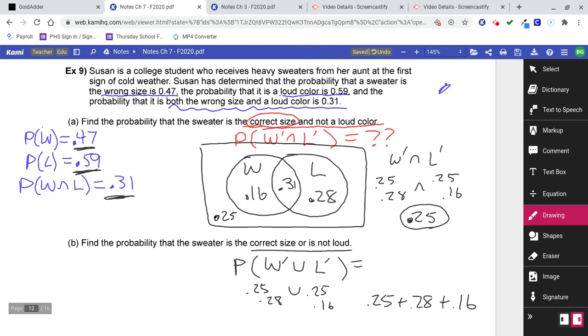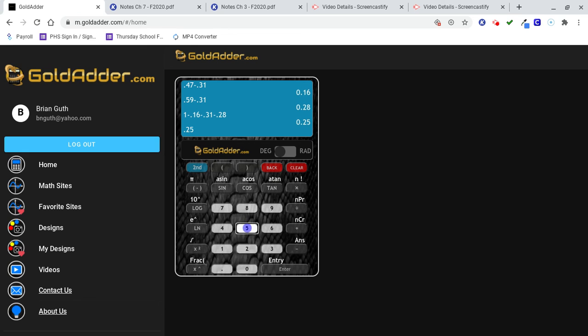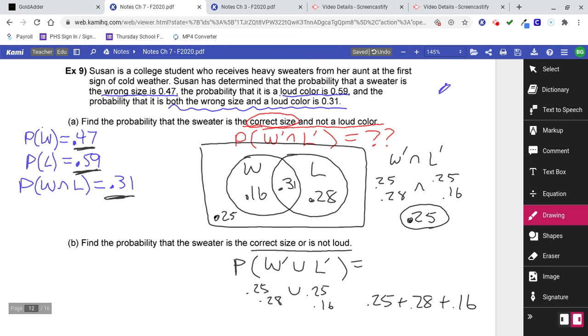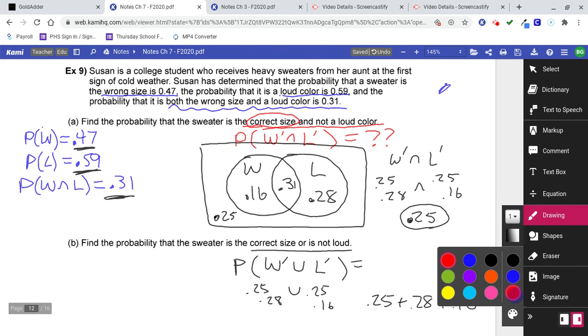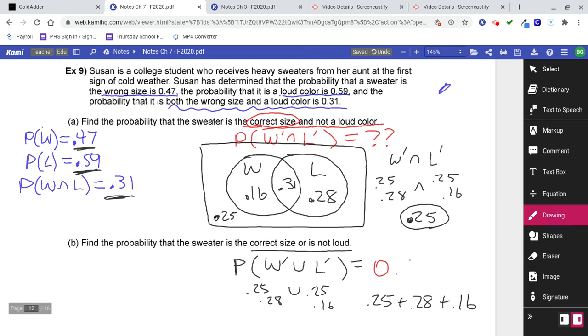Those are the three numbers. 0.25 plus 0.28 plus 0.16 is 0.69. That's the answer. 0.69.